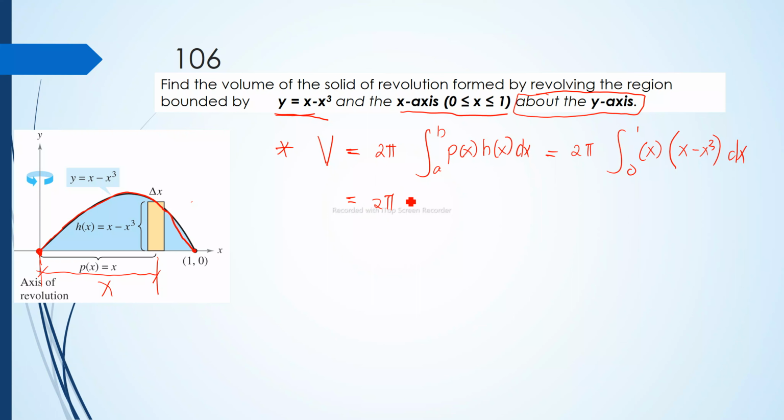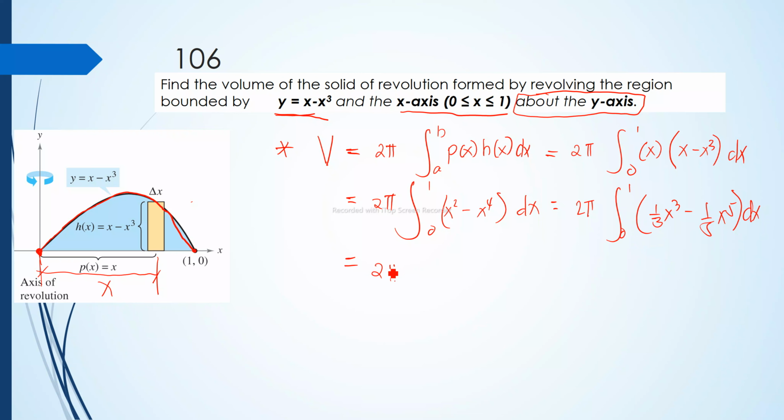So we'll have 2 pi times the integral of, we just distribute x, so we have x squared minus x to the fourth from 0 to 1 dx. This is just equal to 2 pi times 1/3 x cubed minus 1/5 x to the fifth, sorry, this is not an integral, this will be evaluated from 0 to 1.